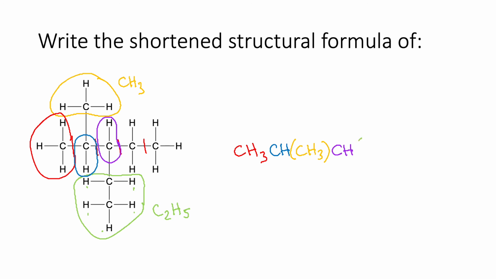And we'll add on our branch, but our branch is this time C2H5. It goes in brackets. Let's move on to the next carbon atom. This part is the formula CH2. And finally, the carbon on the end. CH3. And there we have our shortened structural formula.